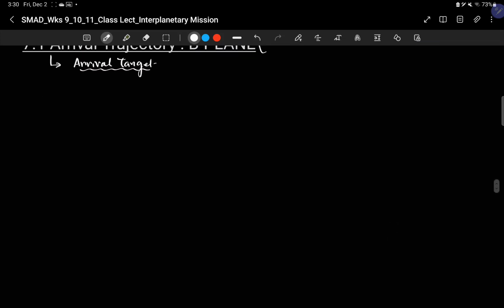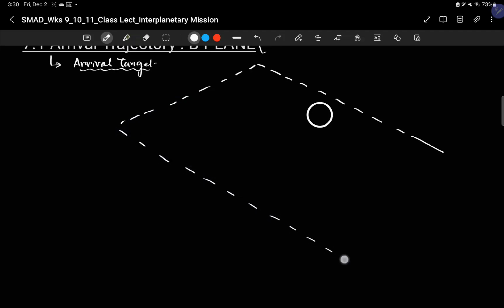Let's do that by drawing it, and we need to draw a couple of figures here. So let's suppose this was our target planet, and it's at a certain angle, which is usually true for almost all the planets. They have a certain orbital plane, and this orbital plane also contains the motion of the incoming spacecraft.